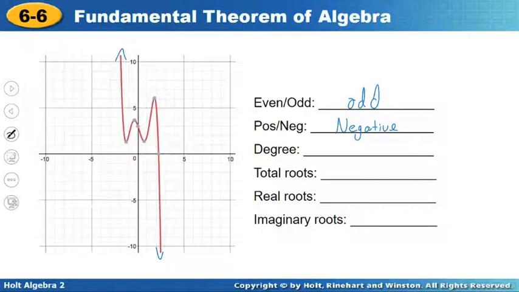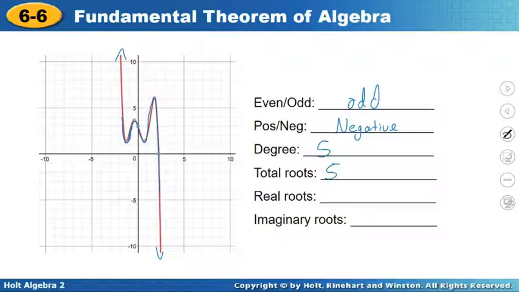Degree, again, based on the number of curves. Keep in mind, the degree should be an odd number because we just said it was an odd function, so it should be something like a 5 or 7 or 9, but let's count the curves. Let's count this as a quadratic: degree of 2, 3, 4, 5. So degree 5, which means it has 5 roots.